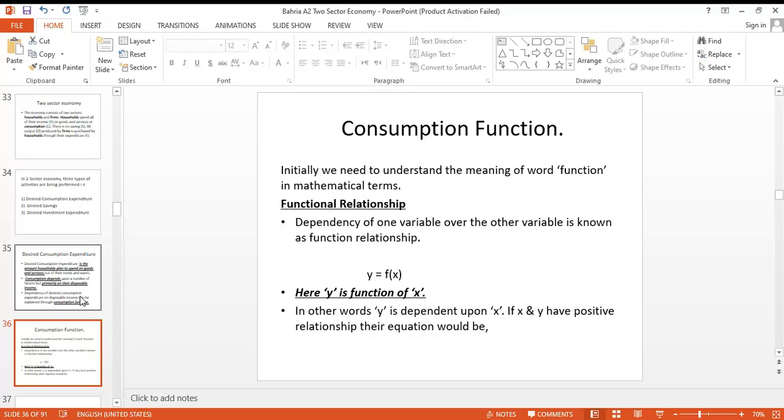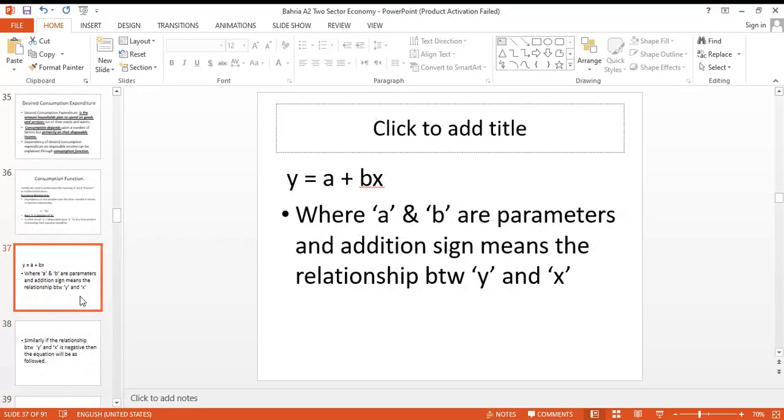It is dependent on incomes. The thing on the left side of the equation is dependent on the thing on the right side of the equation. So if on the left side you have consumption, then what is it dependent on? It is dependent on your income. So consumption is a function of your income.